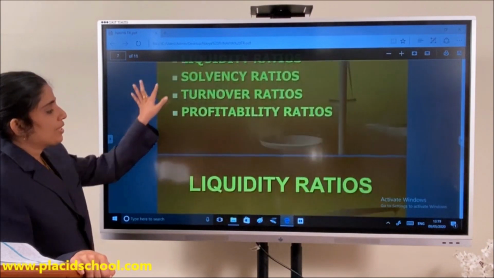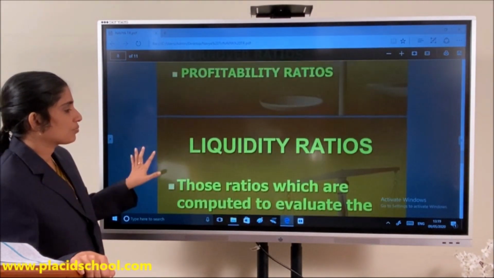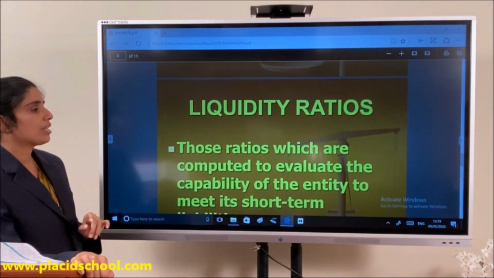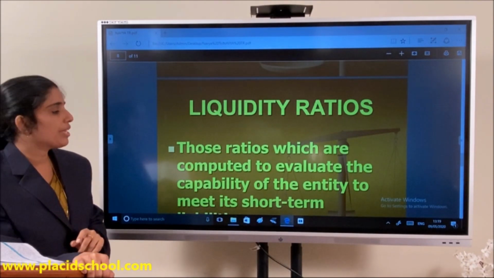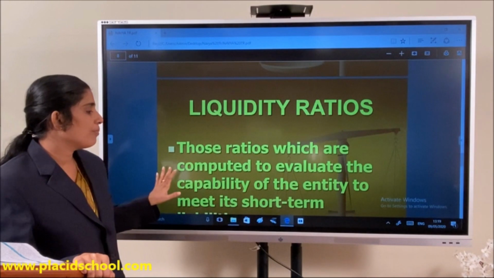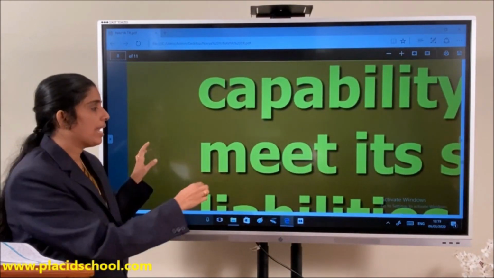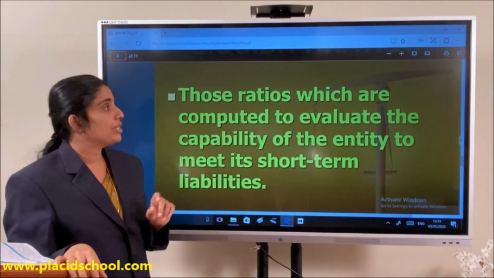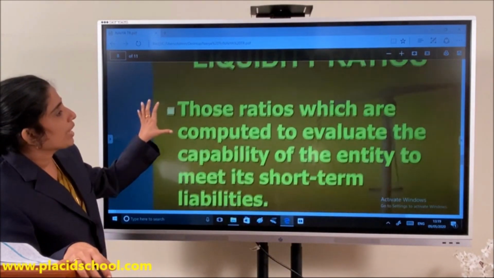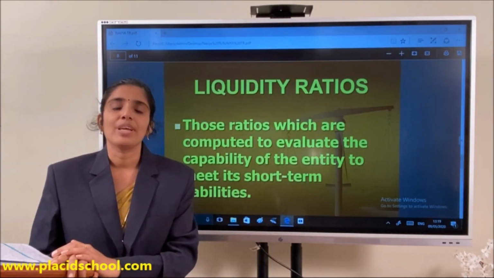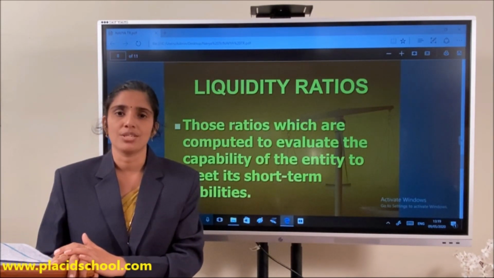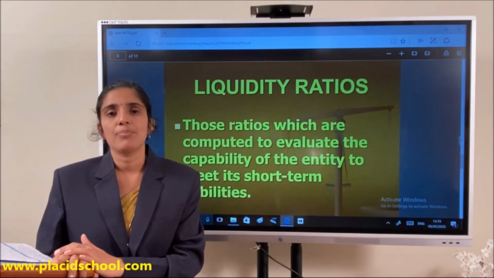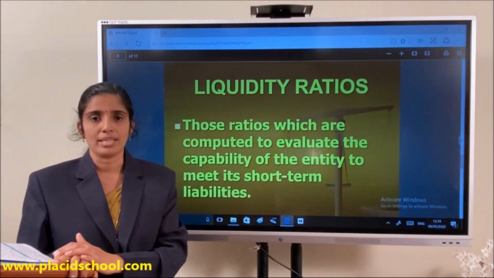The first ratio is the liquidity ratio. Liquidity ratios are those ratios which are computed to evaluate the capability of the entity to meet its short-term liabilities. That means in the liquidity ratios we calculate the short-term solvency of the organization, the short-term debt repaying capacity of the organization.